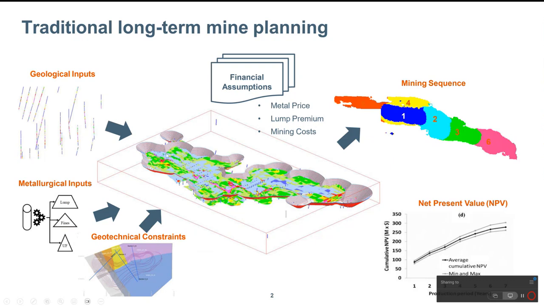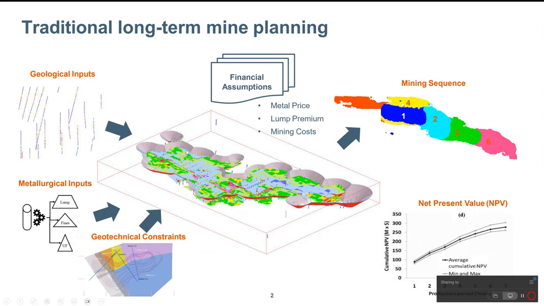So first, ore body models are constructed using geological inputs from drill holes and metallurgical inputs from metallurgical test work. Then, along with some geotechnical constraints and some financial assumptions around the metal price, premiums for quality or different product types, and mining costs, an optimal ultimate pit is defined.